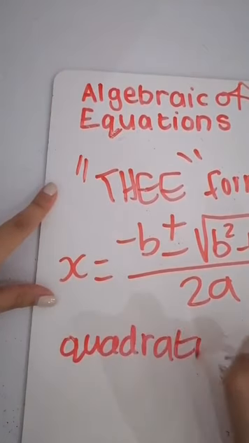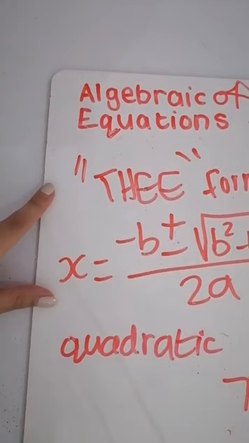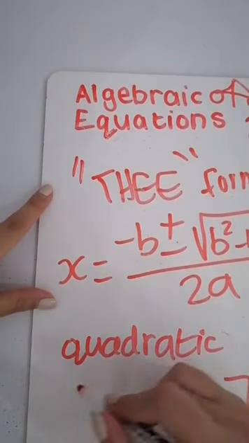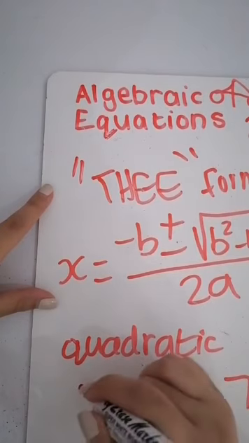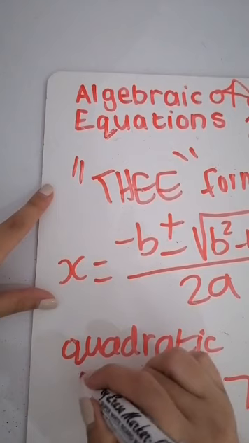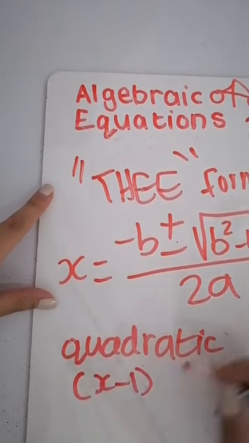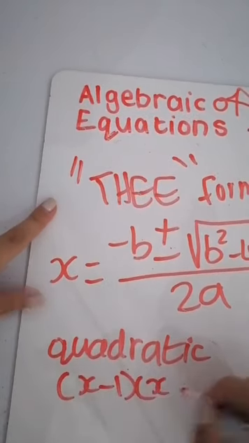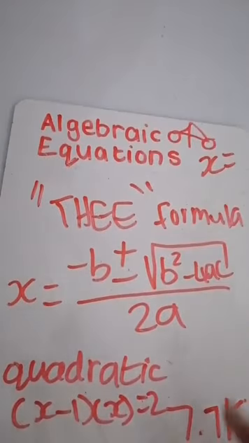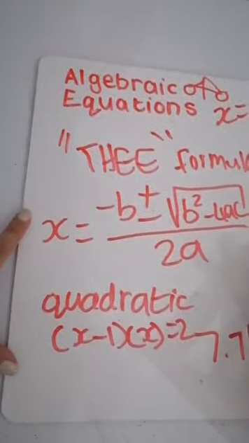A quadratic is a form of an equation that can have the form like this. Let's see. Or something like, oh, you guys can't even see what I'm doing, can you?